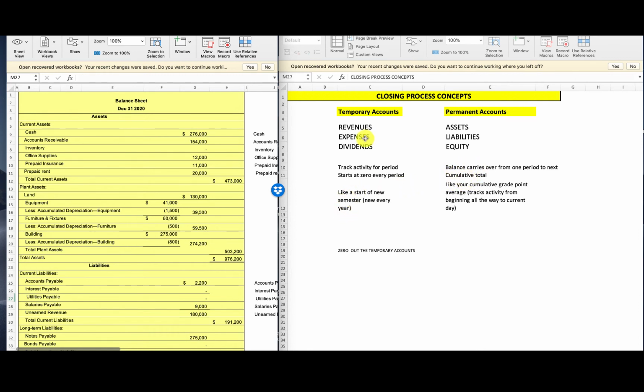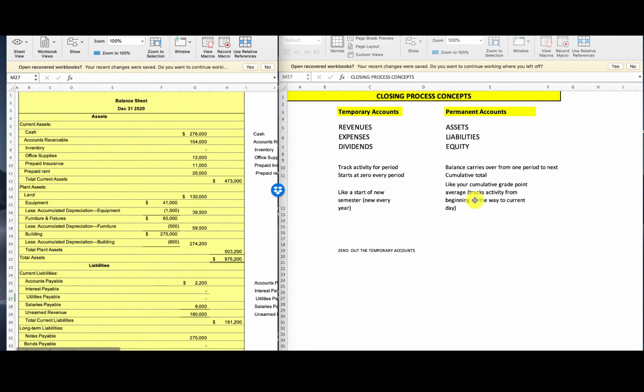So remember, we used the analogy for temporary accounts like starting every new semester. But when you start school, even though you have a spring semester and a fall semester, and every semester is a completely fresh semester, there is something called the cumulative grade point average, right? And what that does is it tracks activity from the first time you start school all the way to the current semester.